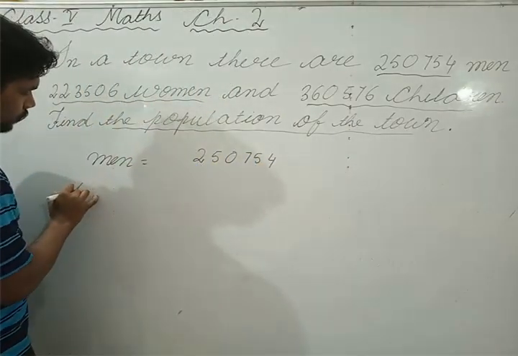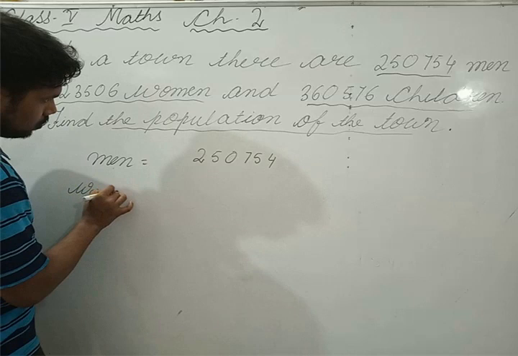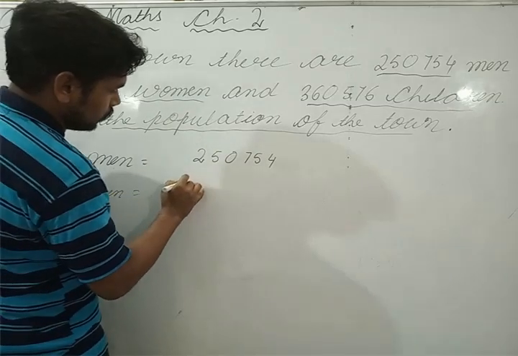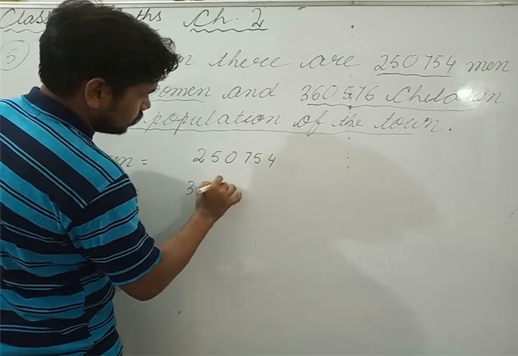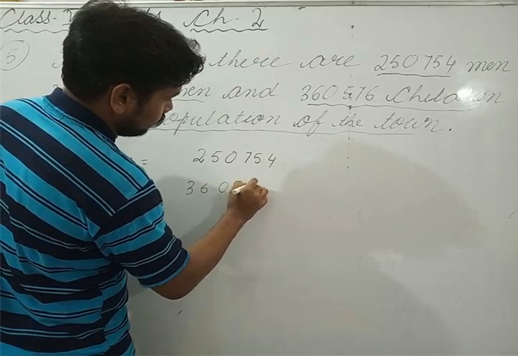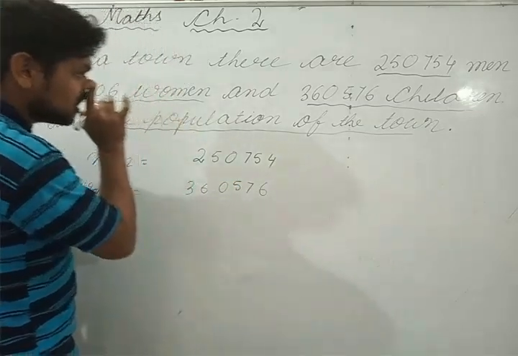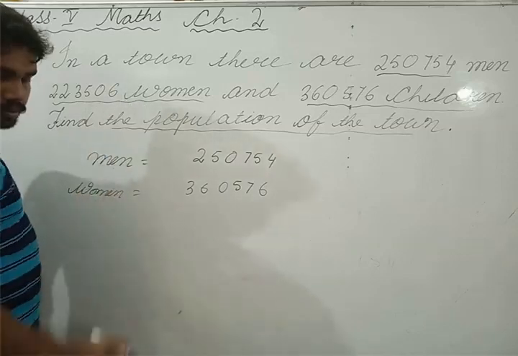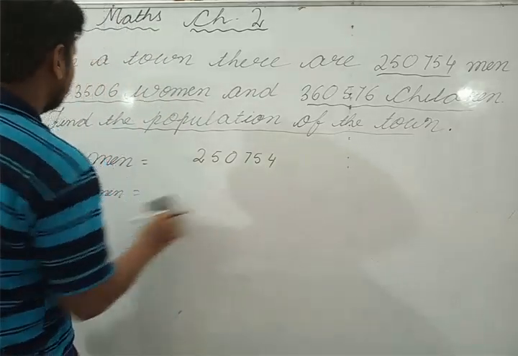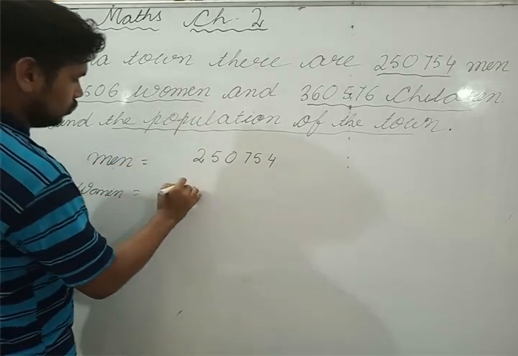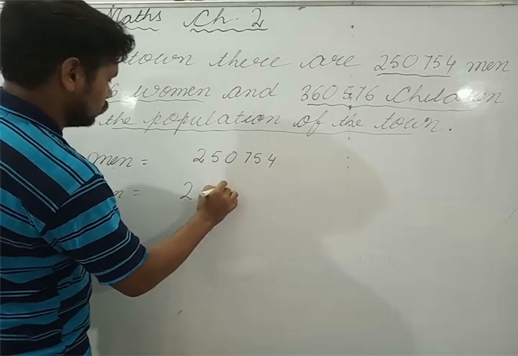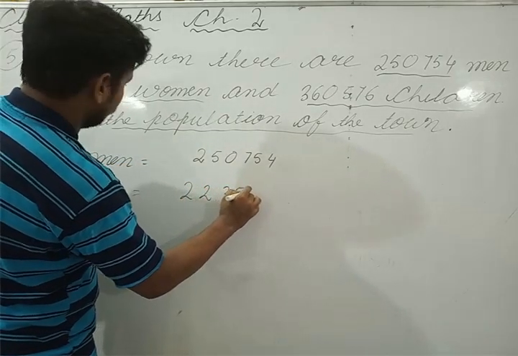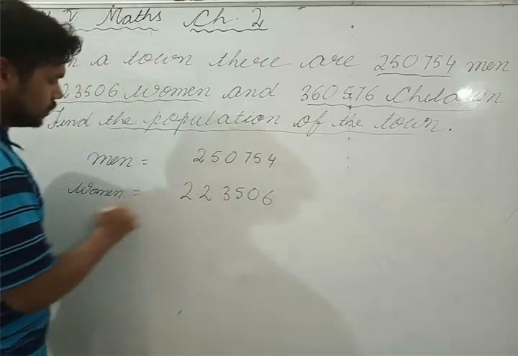Then women. Women equals 3 6 0 5 7 6. Sorry, this is the women. Okay. So 2 2 3 5 0 6. Then children.